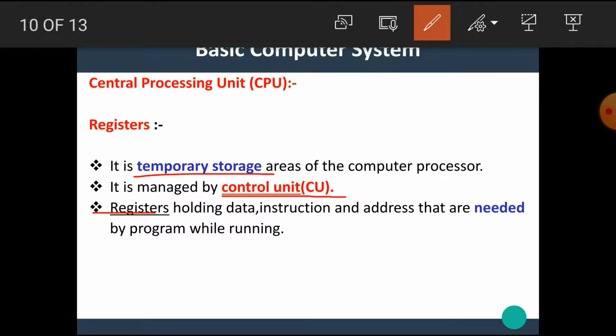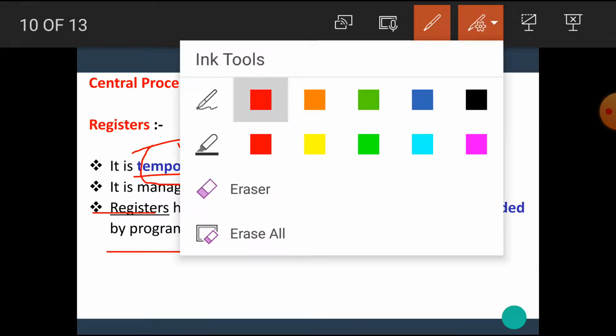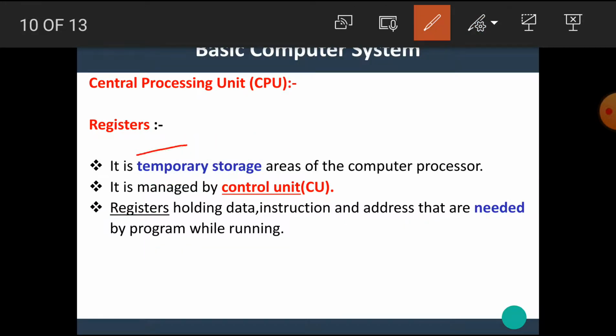Registers hold data, instructions, and addresses that are needed by the program while running. That means the registers are the storage areas used to store the temporary results. Hence, it is called the temporary storage area. In the next video, we will see the detailed description about these registers.